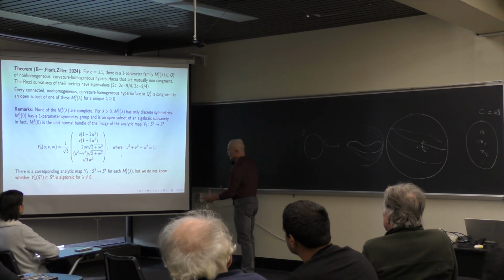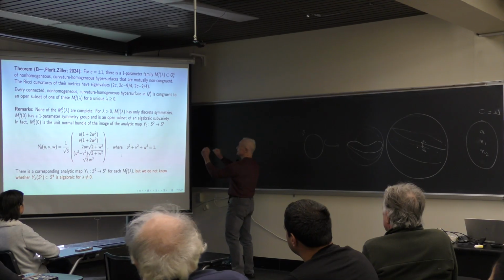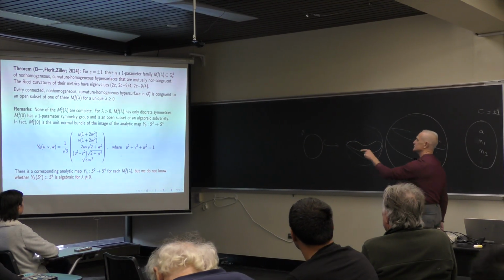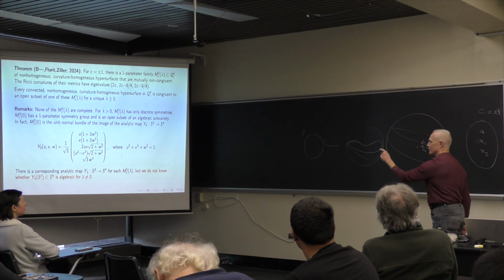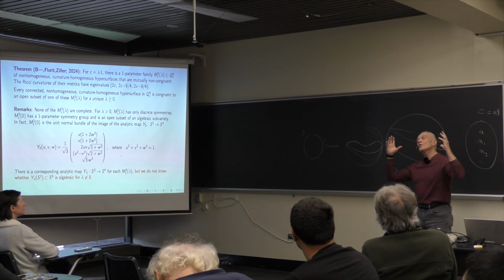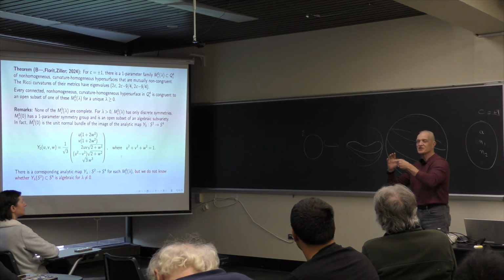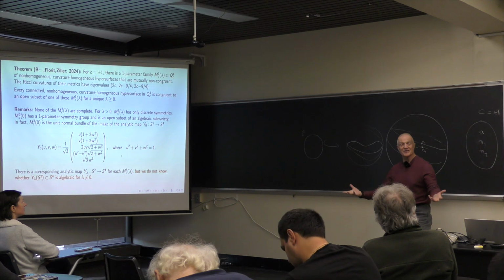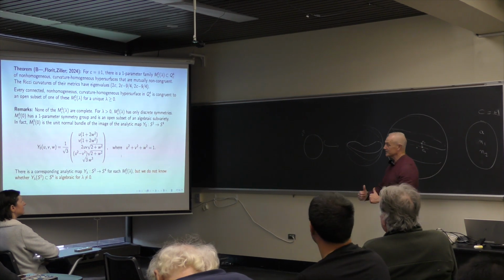With a little more work, we didn't even know this existed because we found out that when lambda was 0, there was a one-parameter symmetry group, so we could divide out by the symmetry and reduce it to a one-dimensional problem, and we could integrate the ODE. Great.